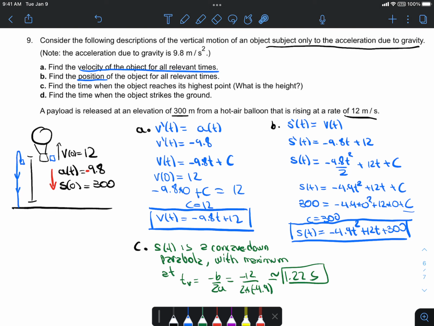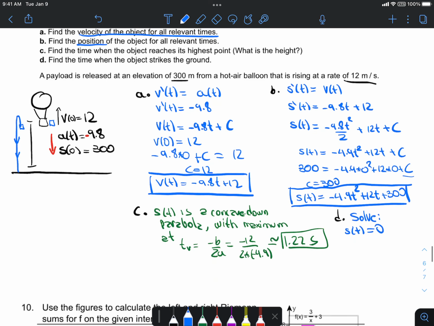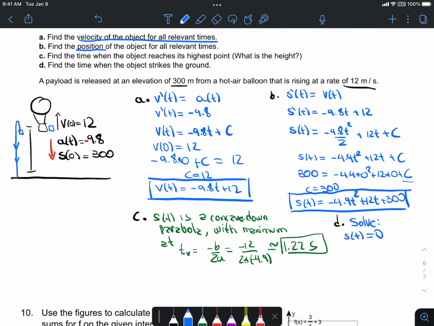Then on D, what time does it strike the ground? There'll be another approximation, another use of quadratic equations. We'll be finding the root for this. So that'll be me solving s of t equals 0. So I think I can reorganize this to get the space that I need to solve it.